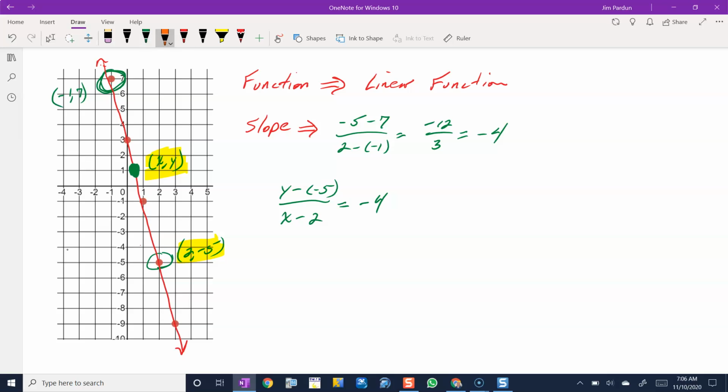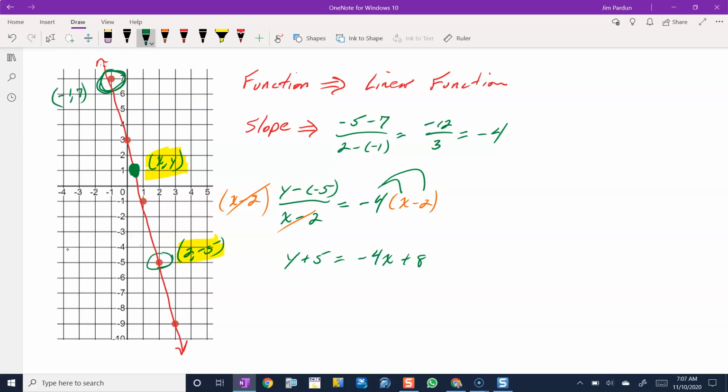And so if I do a little bit of algebra magic here, and I multiply both sides by x minus 2, then this is going to reduce out on the left, and I end up getting y plus 5 equals -4x plus 8. Notice how I distributed there.